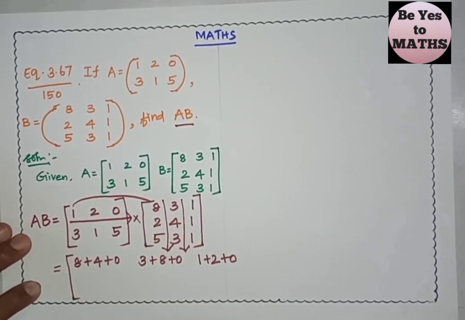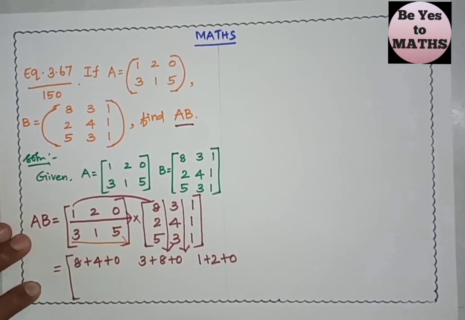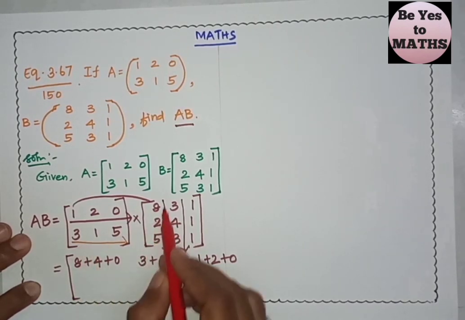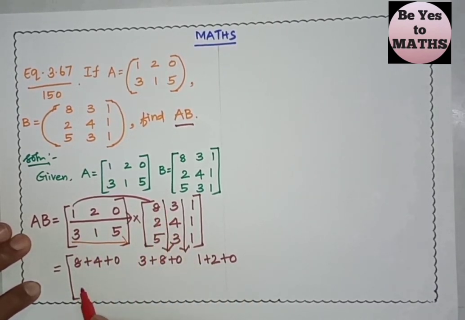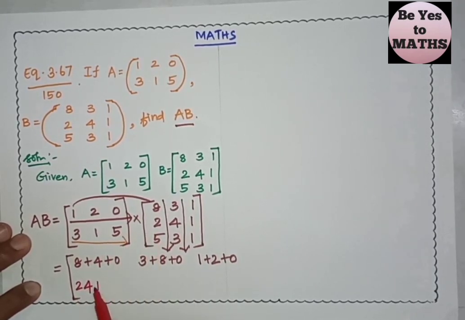Now the second row. Second row with first column again. 3 8s are 24, 1 2s are 2, 5 5s are 25.